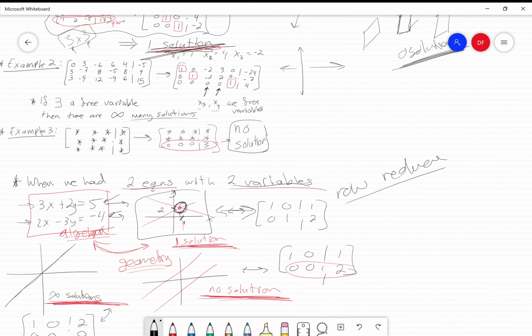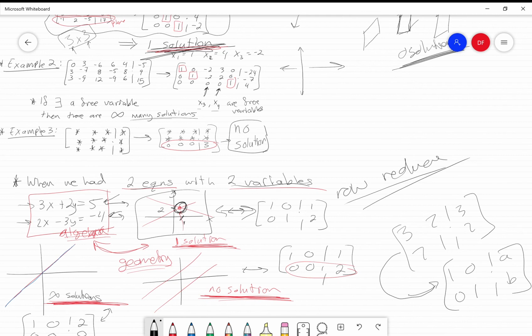Geometrically, what are we doing when we take something that looks like this and we change it to something that looks like this, or whatever this number is, A, B. When we take something like this and we change it to something like this, basically we're taking 2 lines like this and we're changing them to the following lines right here.